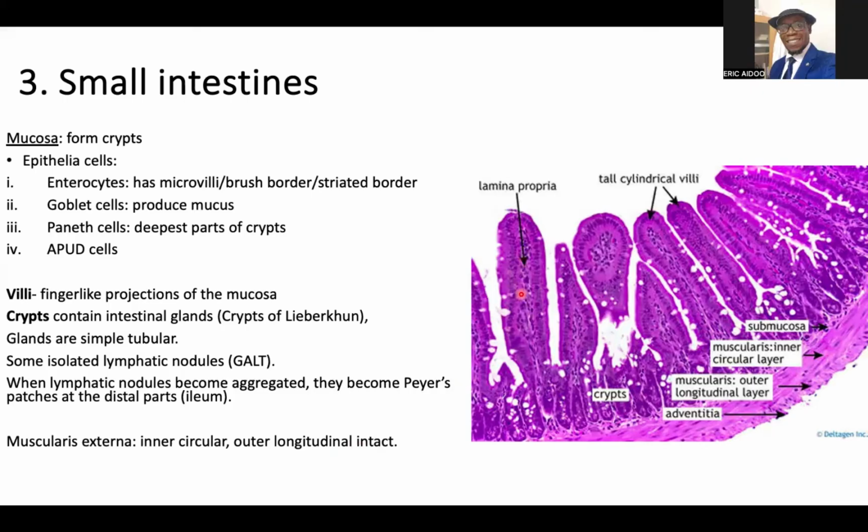So lamina propria, for confirmation, is the loose connective tissue which belongs to the mucosa, throwing the rest of the counterparts that form the mucosa, that is the epithelium and also the muscularis mucosa, all going up.